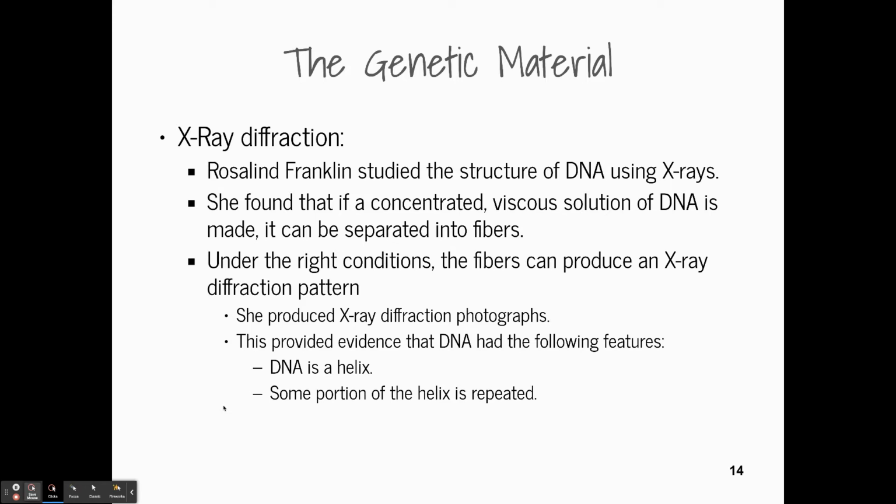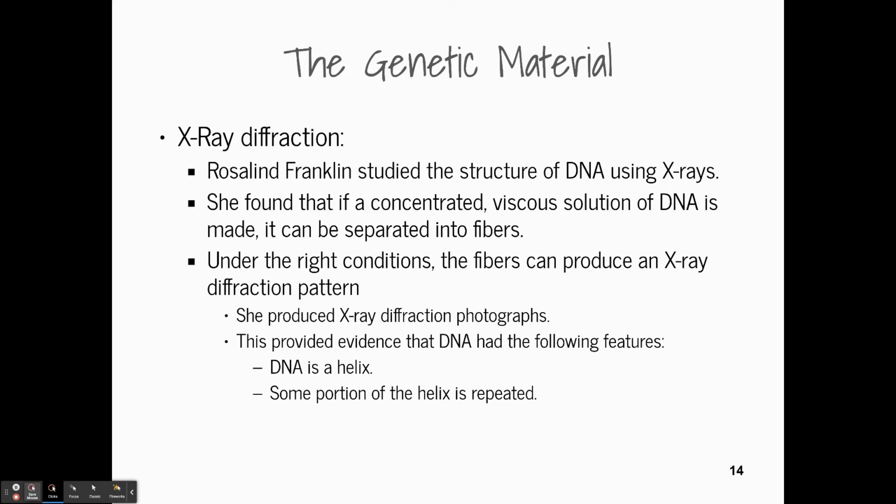All right, the genetic material could not have been found without the X-ray from Rosalind Franklin. So X-ray diffraction, let's look a little bit about that. So Rosalind Franklin was a scientist who studied the structure of DNA using X-rays. Now she found that if a concentrated viscous solution of DNA is made, it can be separated into fibers.